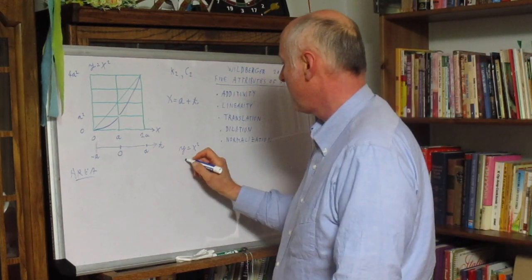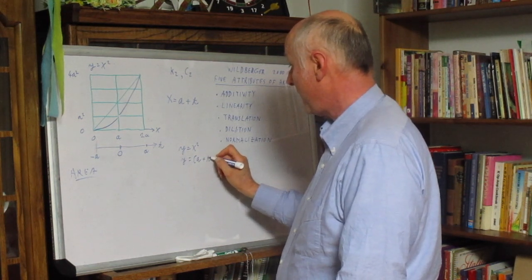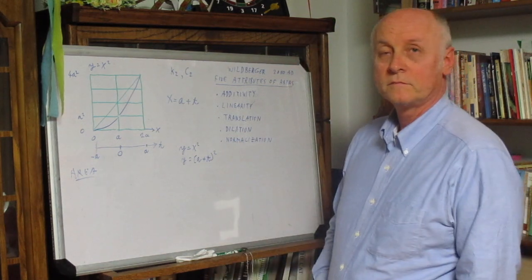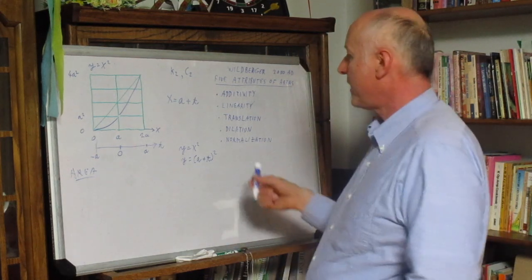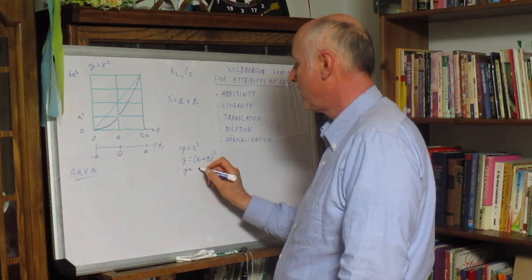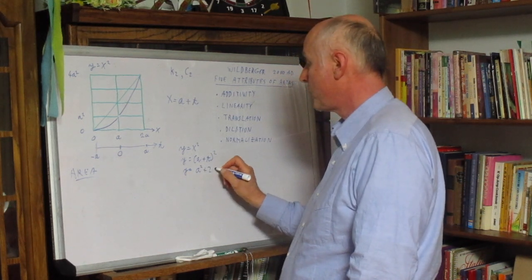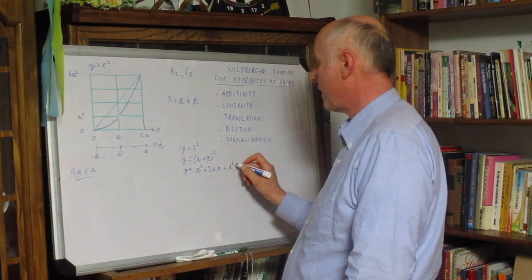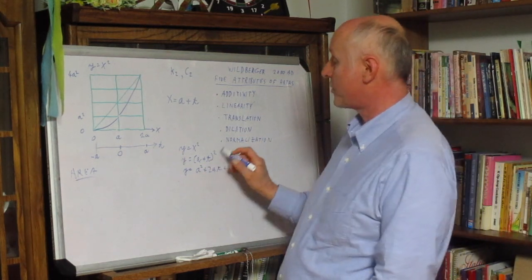So really, y equals (a plus t) squared. Pretty interesting. Let's crank that through. What is that? y equals a squared plus 2at plus t squared. This is called a binomial expansion.